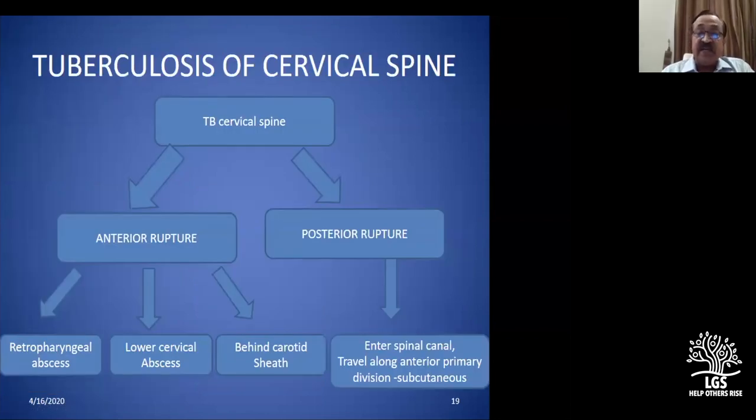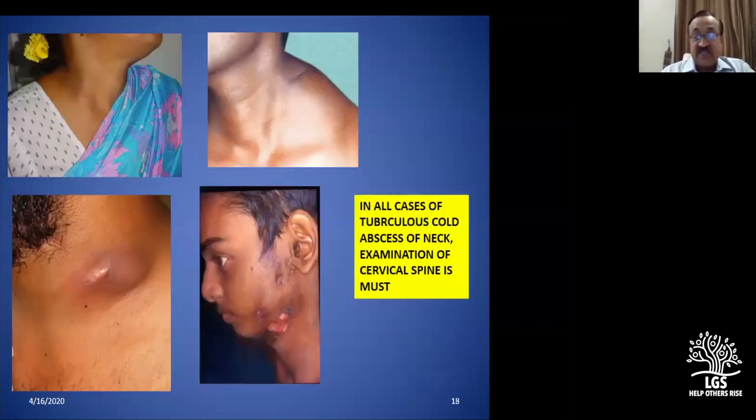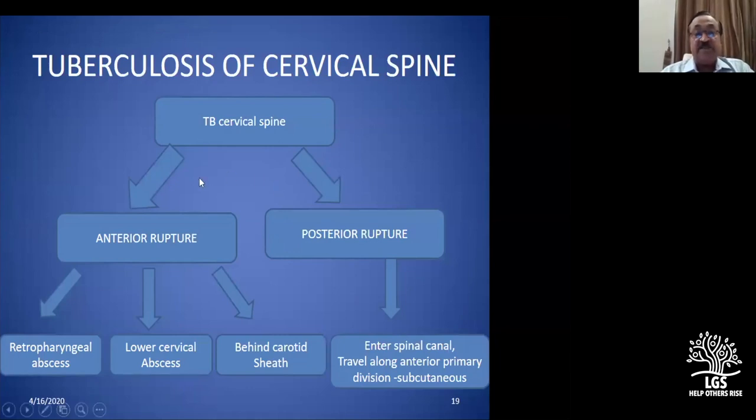I mentioned to you yesterday, please remember to examine the cervical spine in all cases of TB, cold abscess or tuberculous lymphadenitis, whatever is given to you. Examine the cervical spine, especially in cold abscess, because, as I told you yesterday, TB of the cervical spine, if it ruptures anteriorly, can give rise to problems, mainly lower cervical abscess.